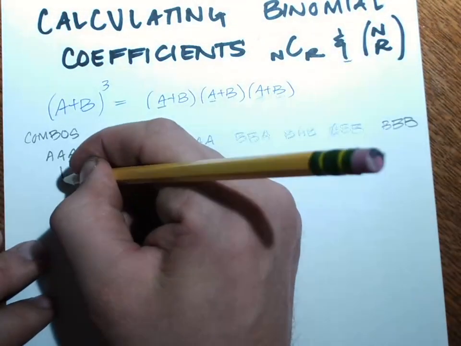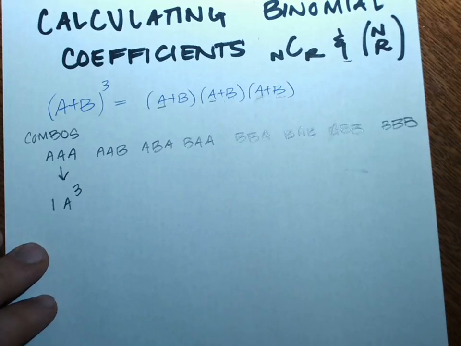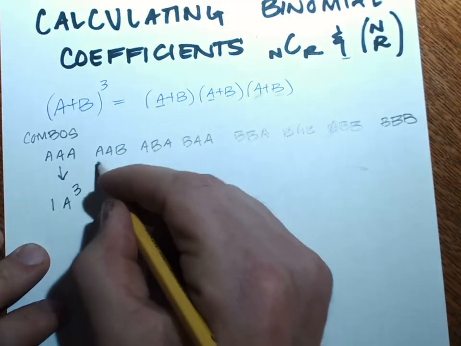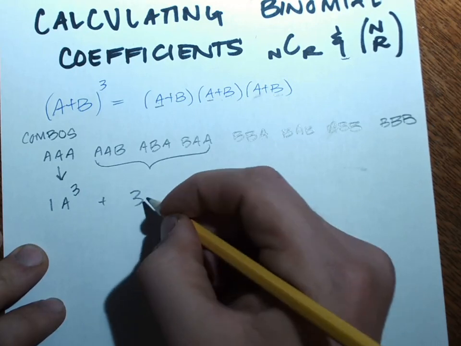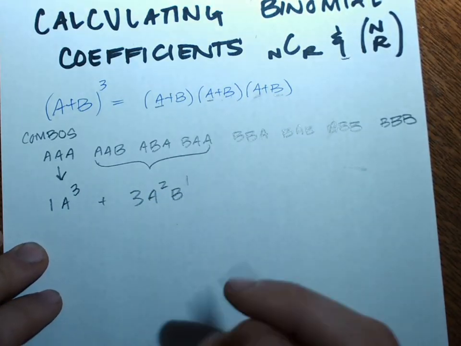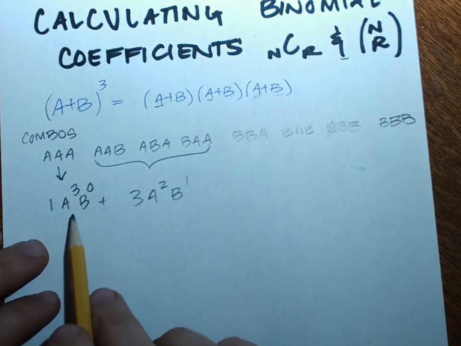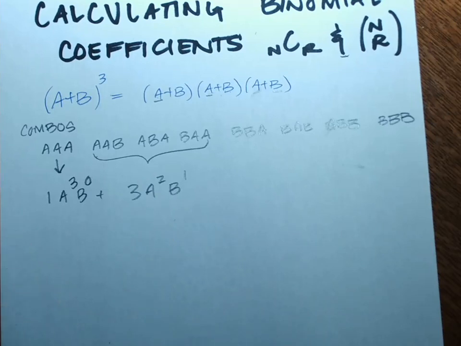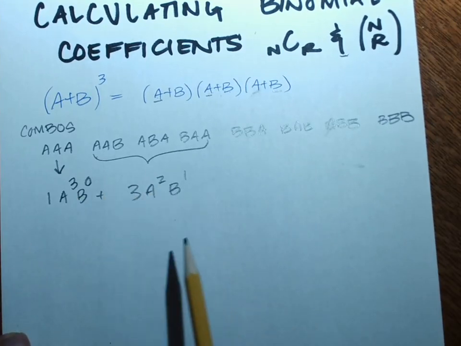Now, there is one A to the third power. There are 3 whereby A is to the second power and B is to the first. And then just to stick here, this is B to the 0. I'm going to write it because ultimately we're heading towards a larger formula here, so we have to see what the numbers are doing as we go along.